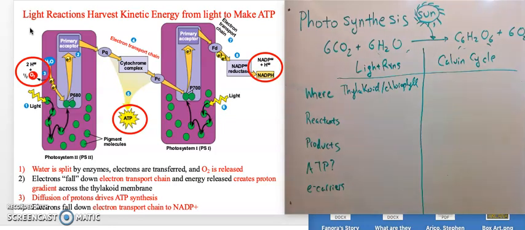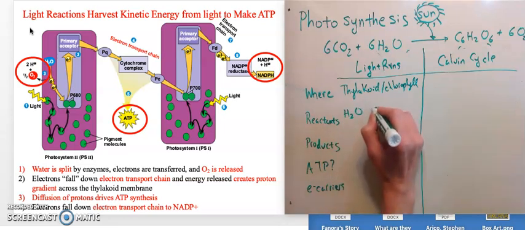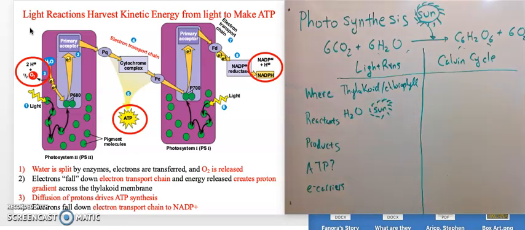All right, and our starting material for the light reactions, what we need are water, we need sunlight, and what happens in the light reactions is when light hits the chlorophyll molecules, the electrons from water get jumped up into a high energy state. So the first thing that happens during the light reactions is electrons get stripped out of water. And oxygen gas gets produced as a waste product.